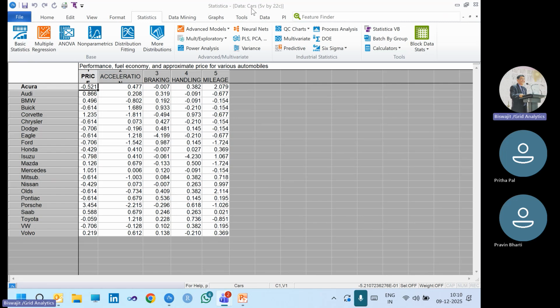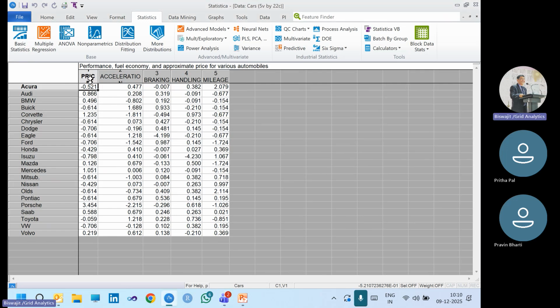The volume of the cars data set is 5 variables. The V denotes the column, or primarily this is also known as the feature, descriptors, variable, different names, it comes in different domains, right? And the 22 cases, right? So these rows or the observations denote the cases, right?